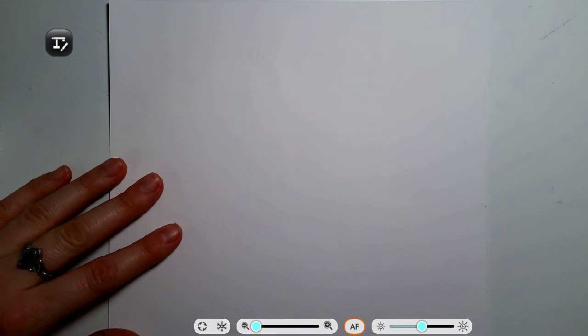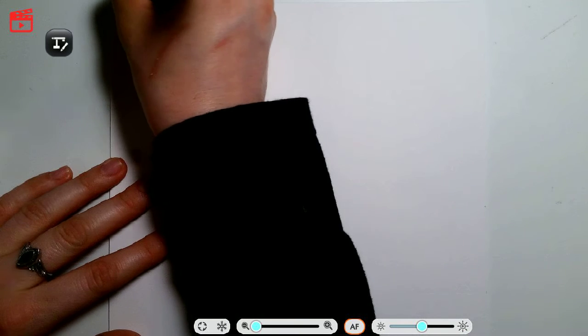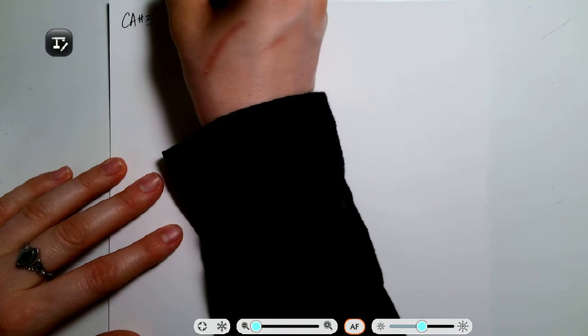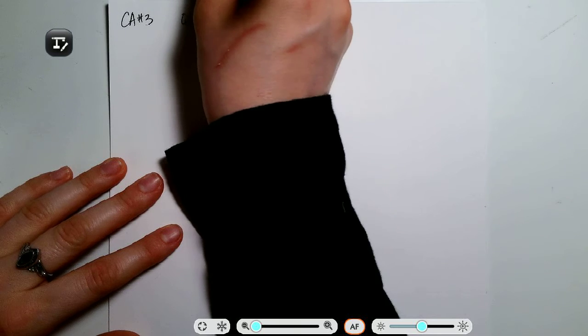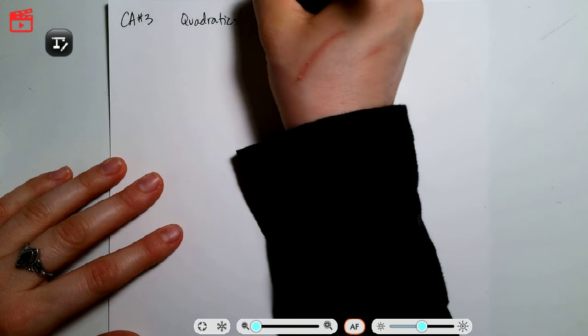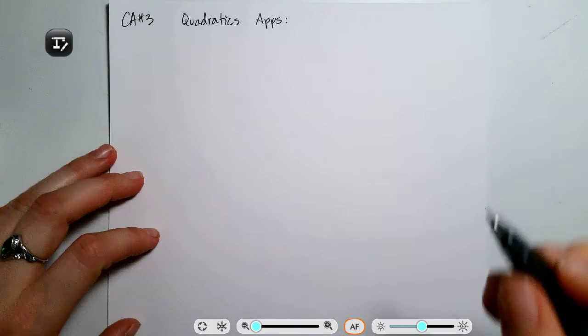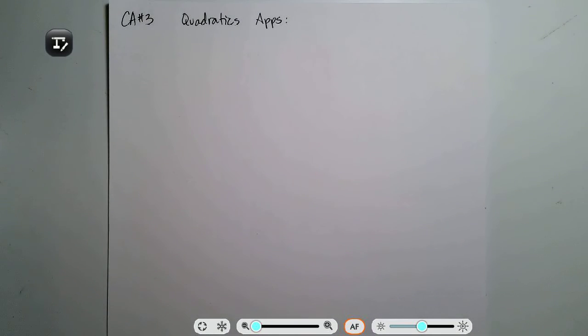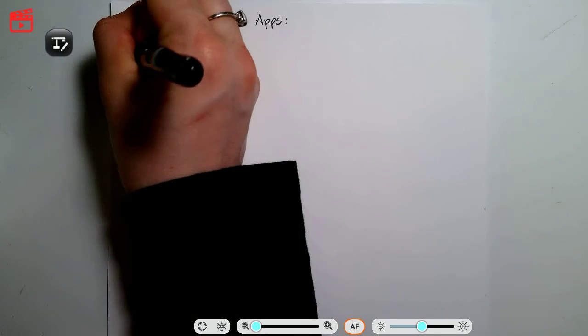Alright, one more class activity. Class activity number 3. Quadratics Applications. Alright, so we have one problem for this.